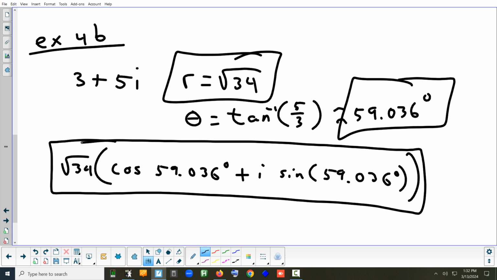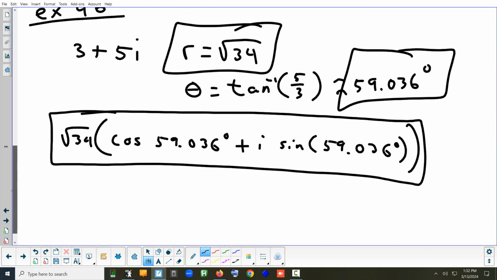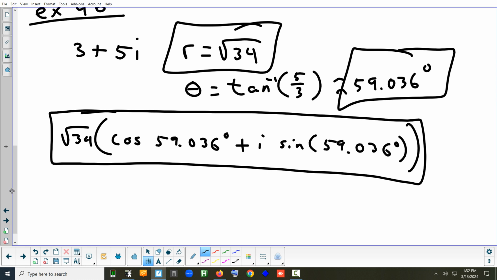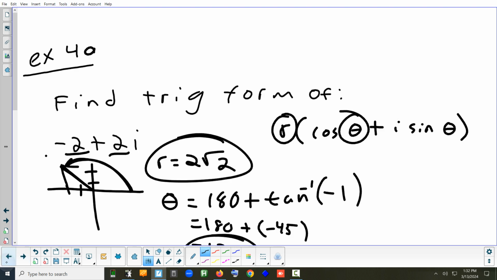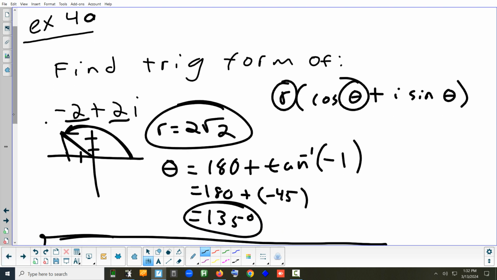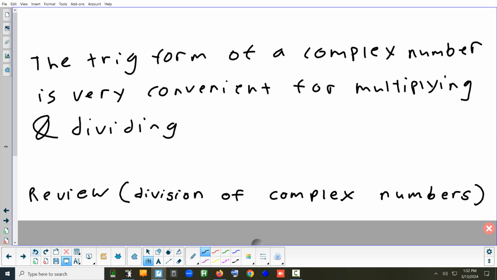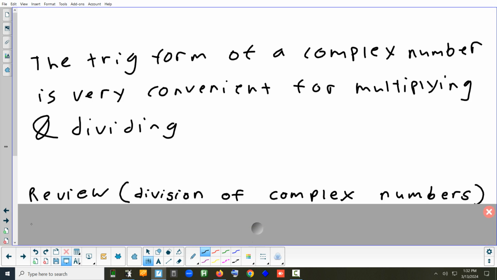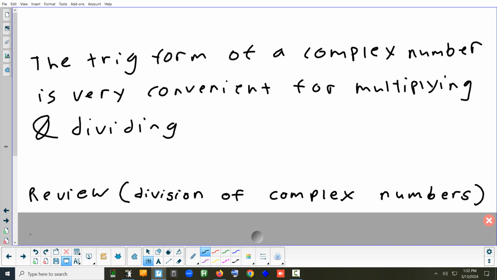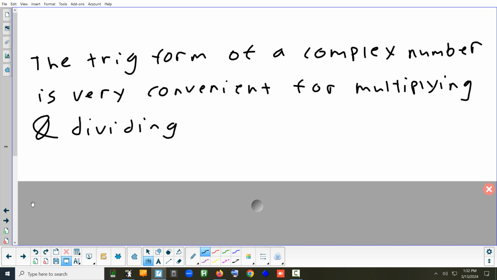So any questions on how we got either of those two? All right, now, I'm not going to review division. I'm going to review multiplication of complex numbers.